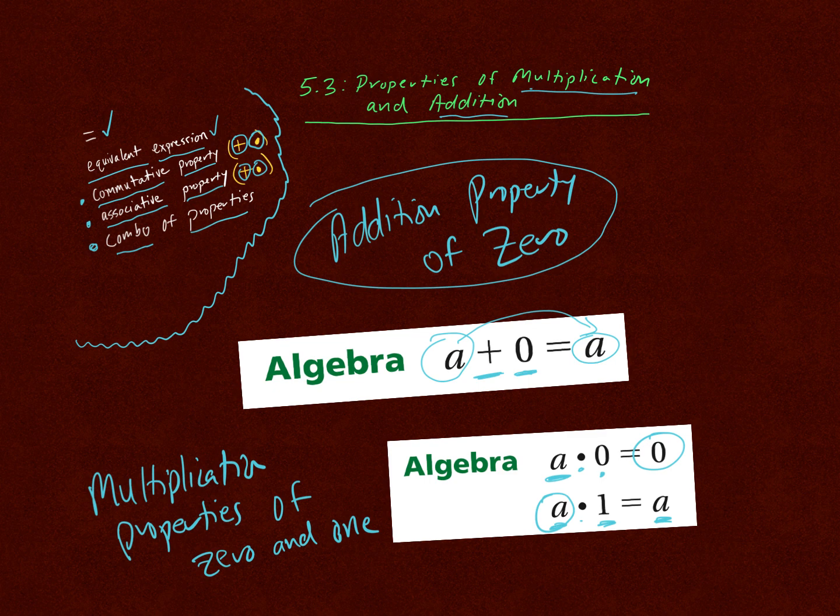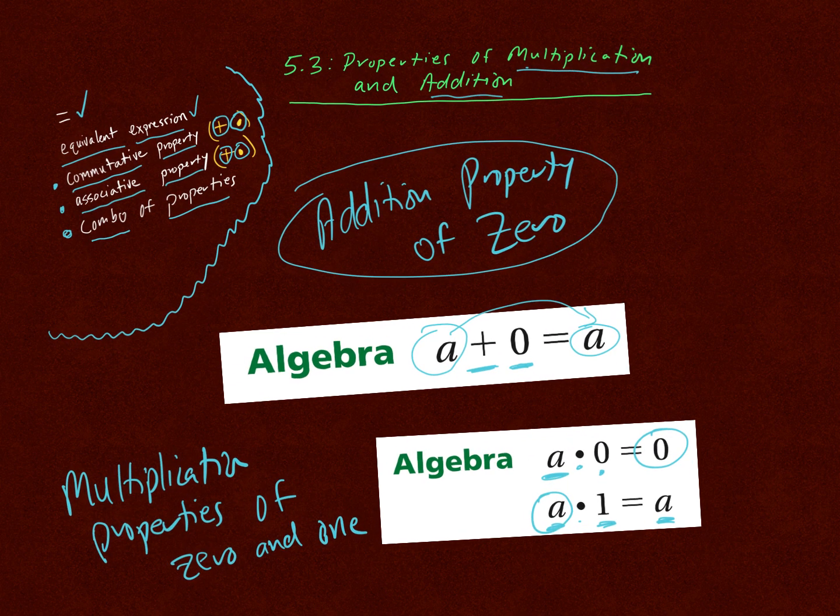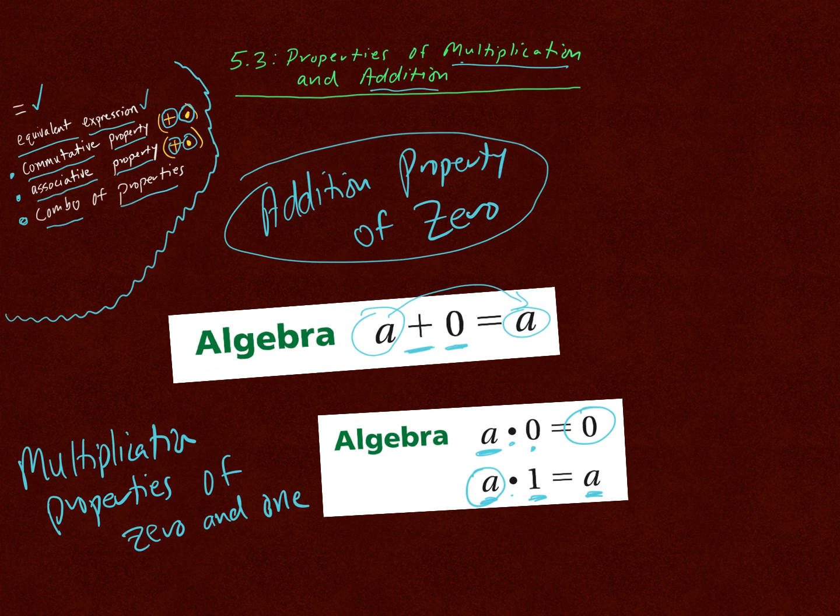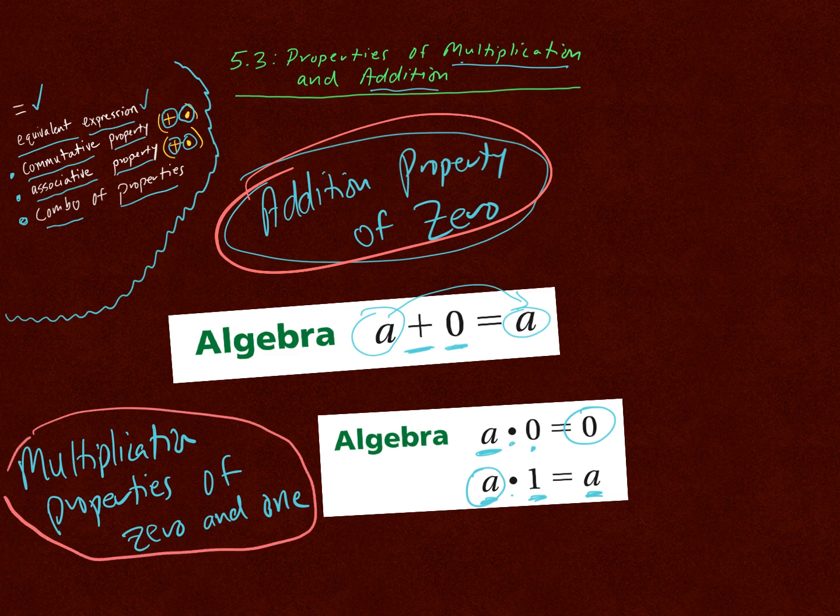Okay, so this is 5.3. It's a lot of terminology and maybe a little overwhelming with all of these words. I would say focus on these two: understanding the name of the addition property of 0, understanding the multiplication properties of 0 and 1.